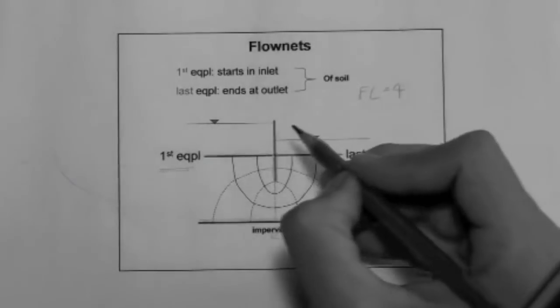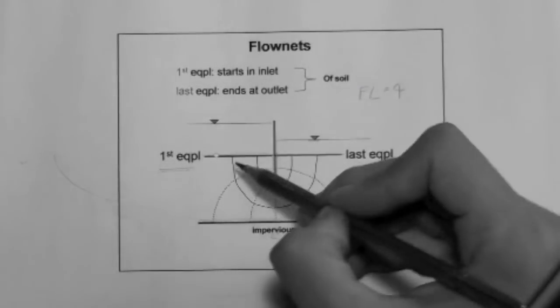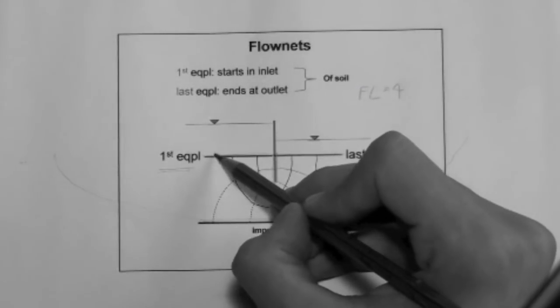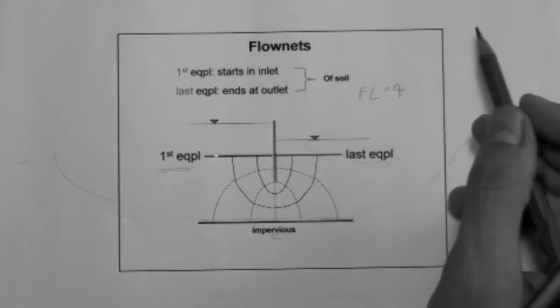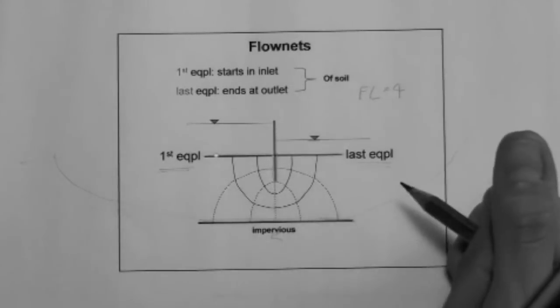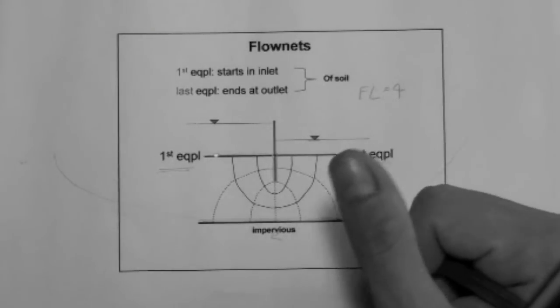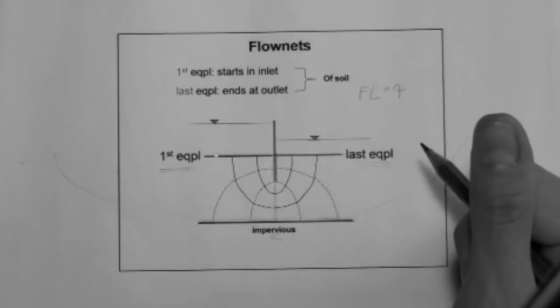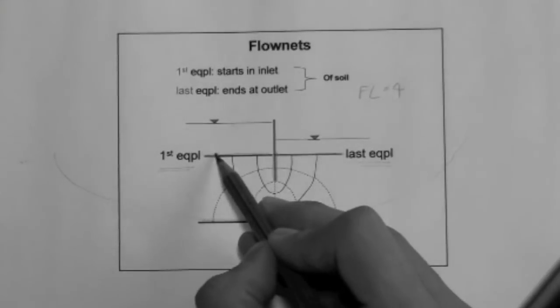So if you think about it, if you were to put a point here and ask yourself, I would like to know the total head at this point. You would say, okay, the total head is the elevation head plus the pressure head plus the velocity head, but we neglect the velocity head in geotechnical engineering problems because it's very small. So, what is the total head at this point?